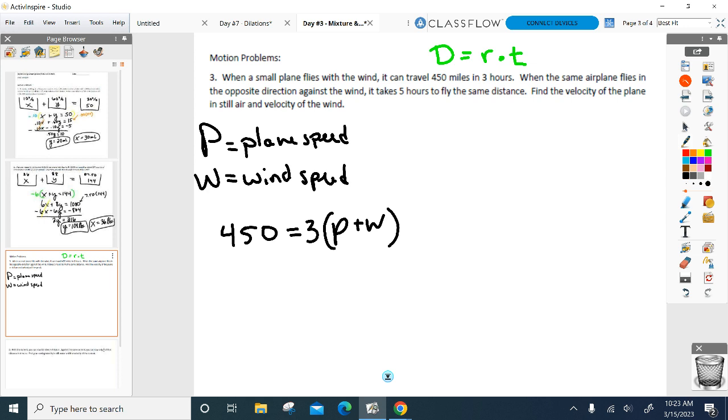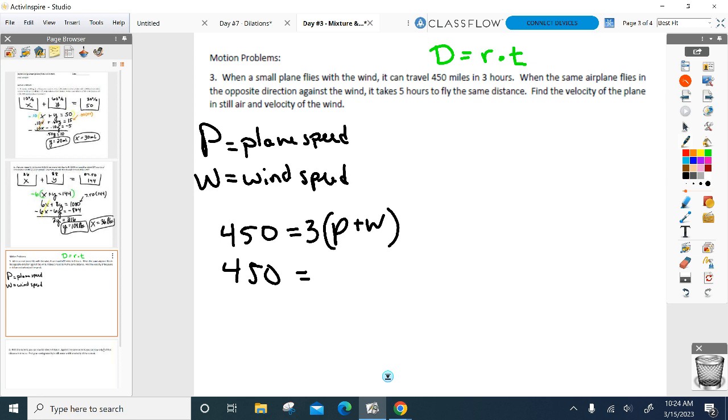Okay? It says opposite direction. Against the wind. Well, now I'm going, but this with the wind was 450 in 3 hours. I'm about to write a second equation going against the wind. Ready? Yeah. Against the wind, what's my distance? Same. It says same, right? Fly the same distance, 450. But now when I go against the wind, what am I going to do with the plane speed and the wind speed?